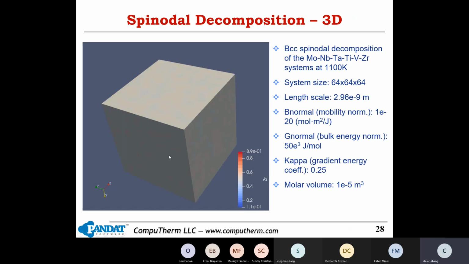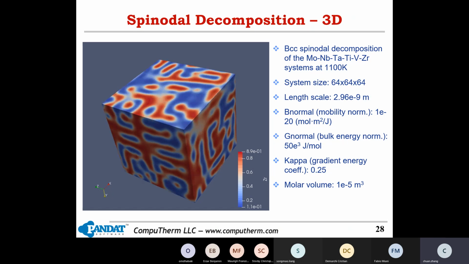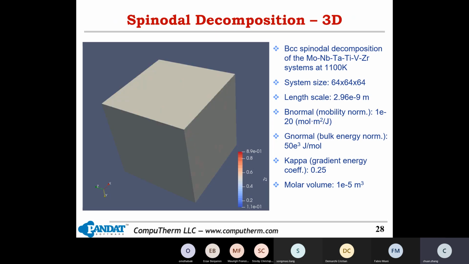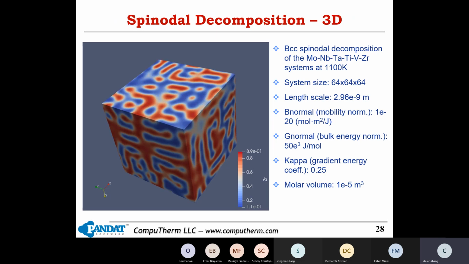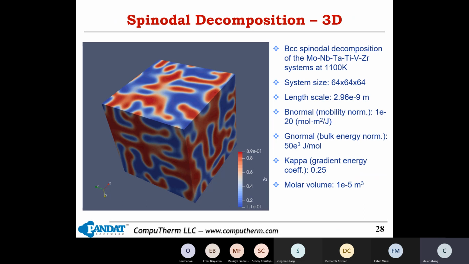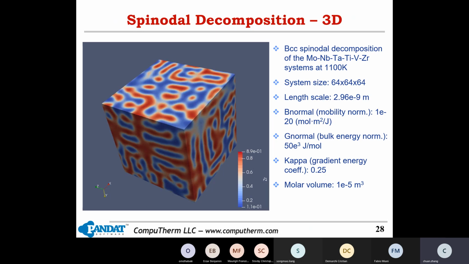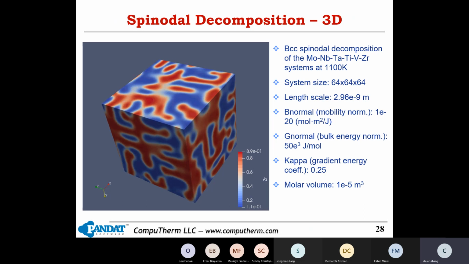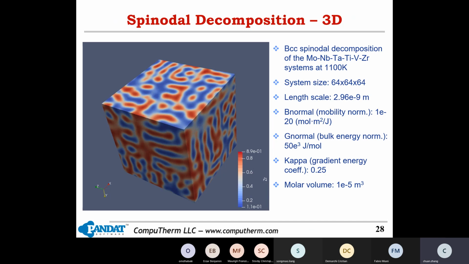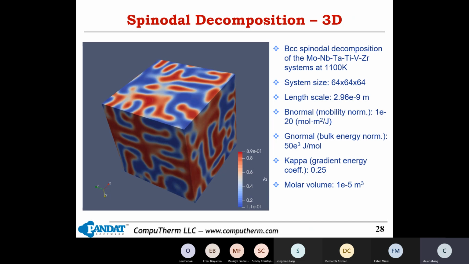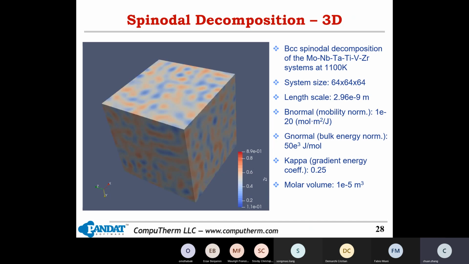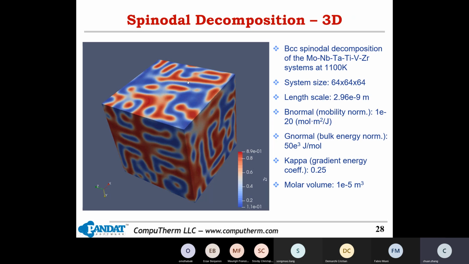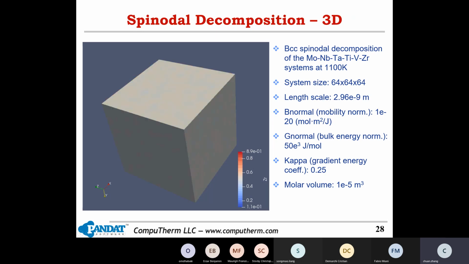The most important message I need to emphasize here is that using our current phase field model, we can directly couple the thermodynamic calculation with the phase field simulation with a very good efficiency. Those are two quick examples.